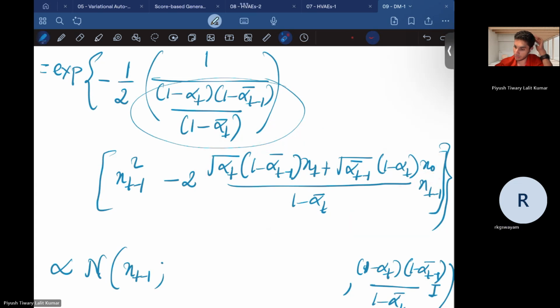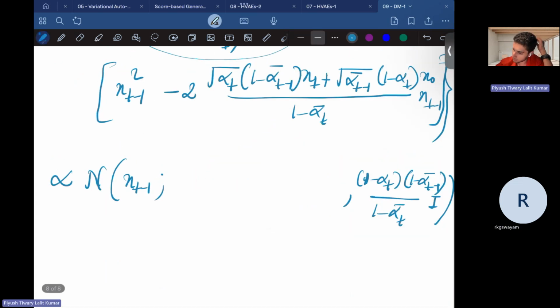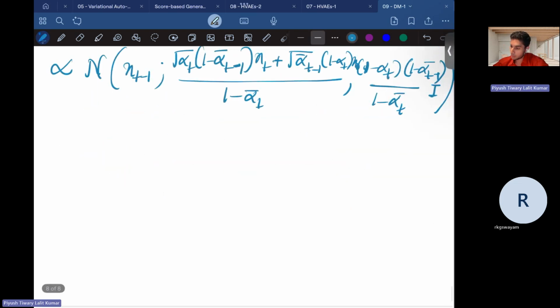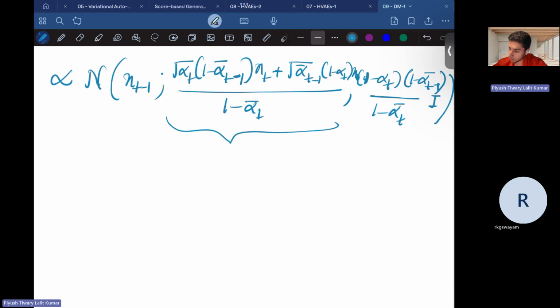So this is our mu: square root of alpha t, 1 minus alpha t minus 1 bar, xt plus square root of alpha t minus 1 bar into 1 minus alpha t, x naught, this whole thing divided by 1 minus alpha t bar. So you can see that this is your mu q of xt comma x naught. This is the mean function, and this is your variance sigma q of t.